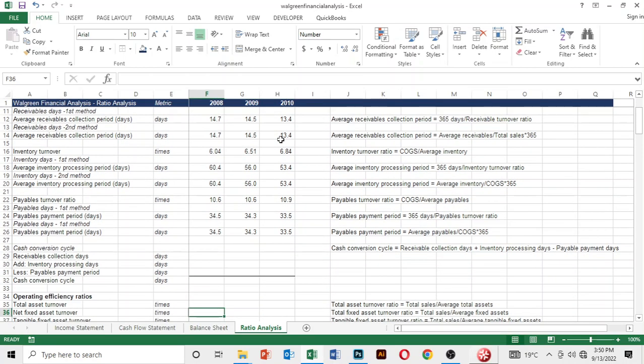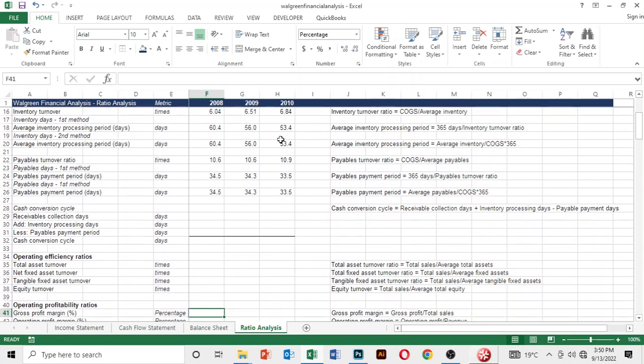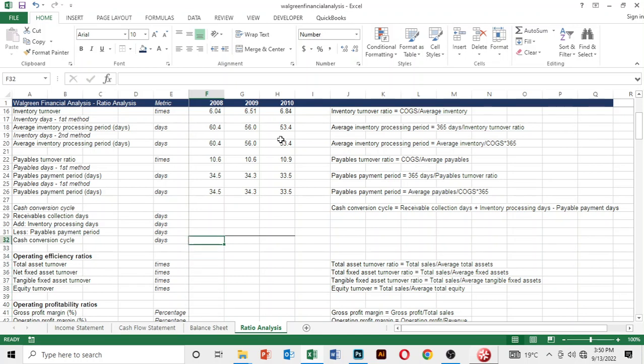All right, so now we look at the cash conversion cycle. We just want to see how many days is cash committed to receivables, inventory, or payables, right?